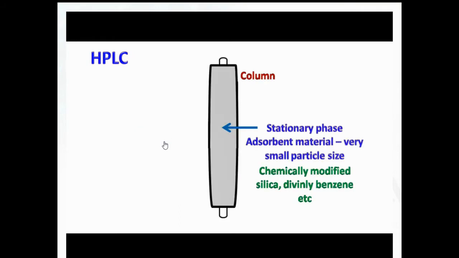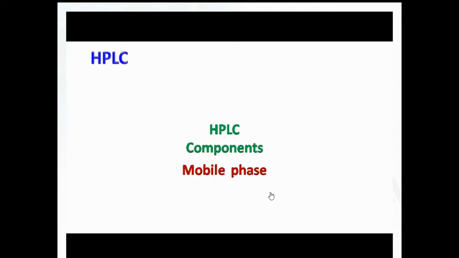Then the stationary phase may be an adsorbent material, with very small particle size. Chemically modified stationary phases can also be taken, such as silica or divinyl benzene. The stationary phase depends upon the components present in the sample that you need to separate.